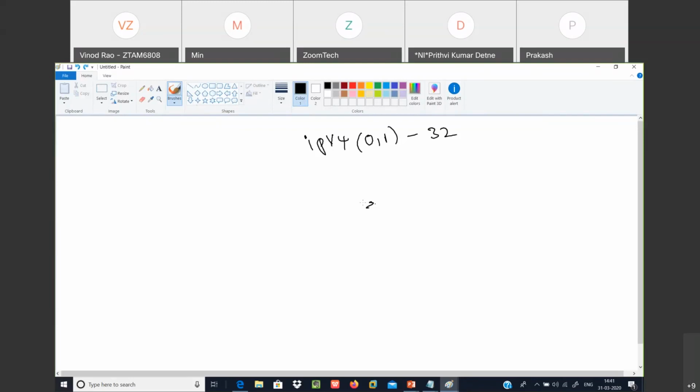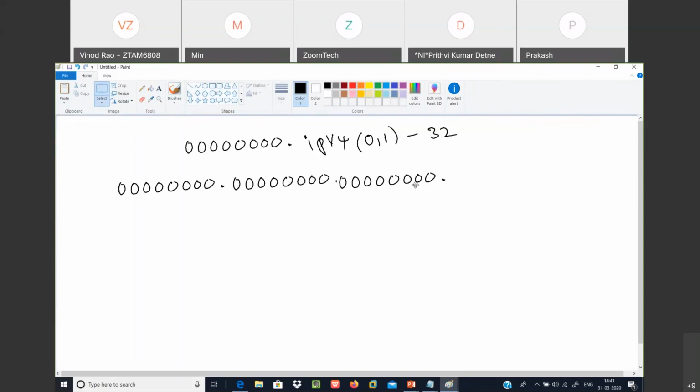Let me write this now clearly. First octet least: 1, 2, 3, 4, 5, 6, 7, 8. Same for the second octet least, third octet least, and fourth octet. So this is the starting IPv4 address, all 0.